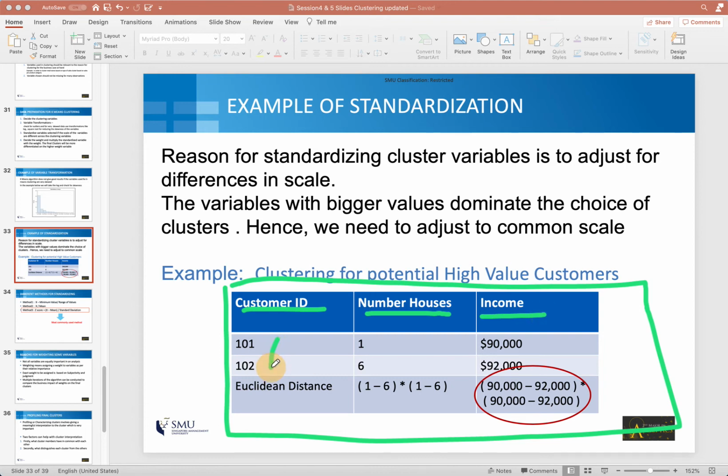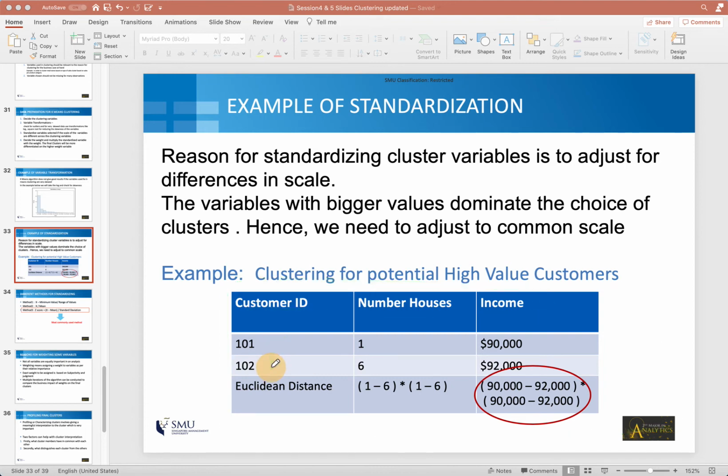Now for these two observations, these two different customers, if you see their number of houses, one person has one house and the other person has 6 houses. Whereas if you look at income, one person has $90,000 of annual salary and the other has $92,000.